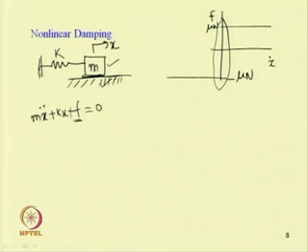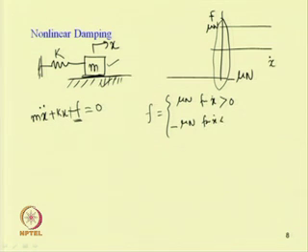This Coulomb damping force F we can write equal to plus mu n for x dot greater than 0 and equal to minus mu n for x dot less than 0.